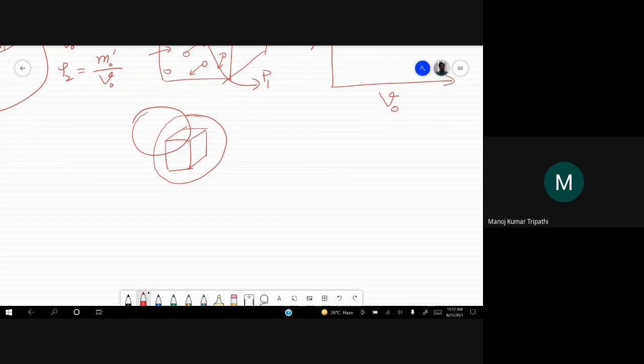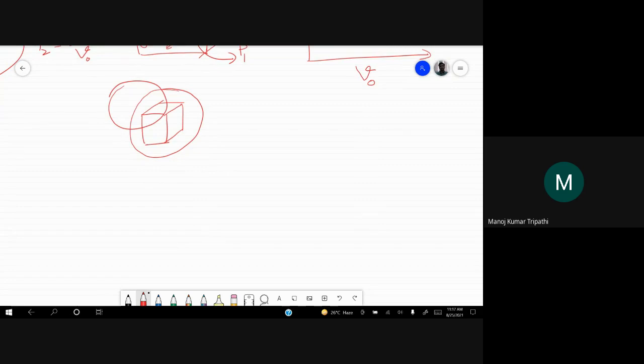Then what will be your density? I mean, we have not even seen this concept of density for something like this. But whatever is the mass of the molecule, let's say, from this point of view, mass of one single molecule divided by V0.